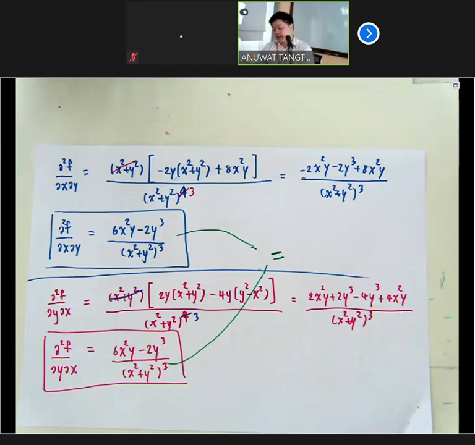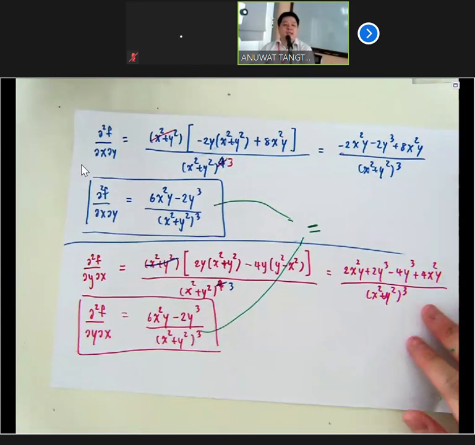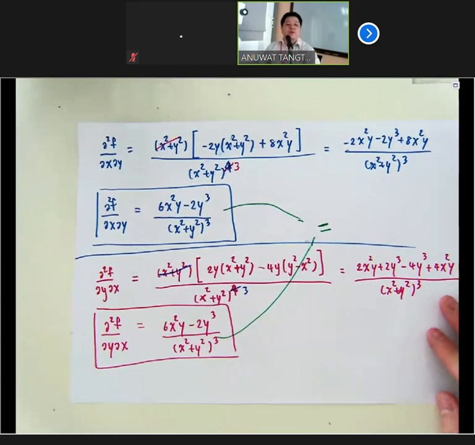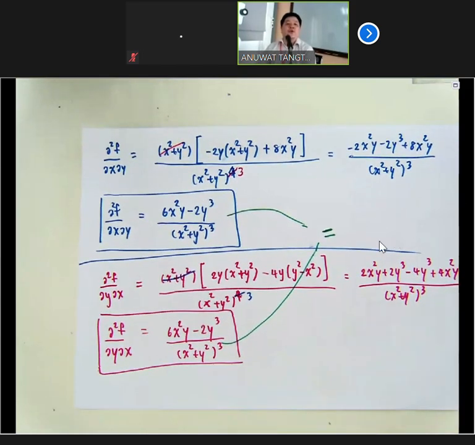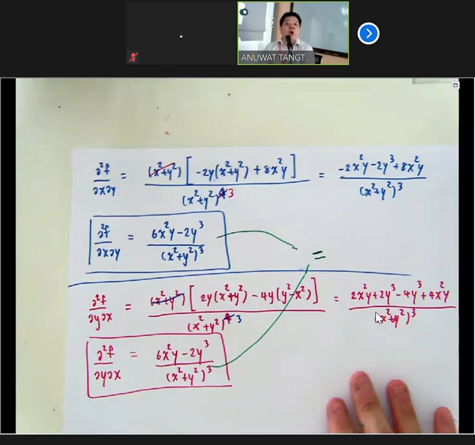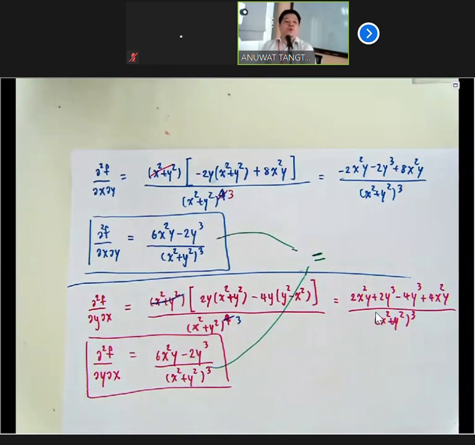But unfortunately, the mixed partial derivatives in general may not be equal. That means the order is still important.